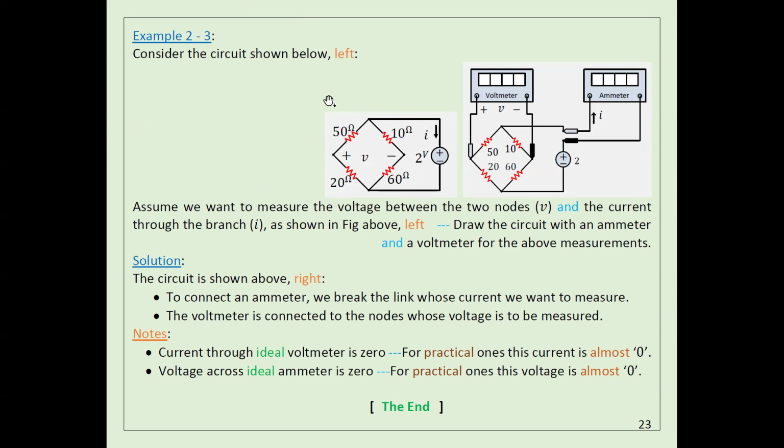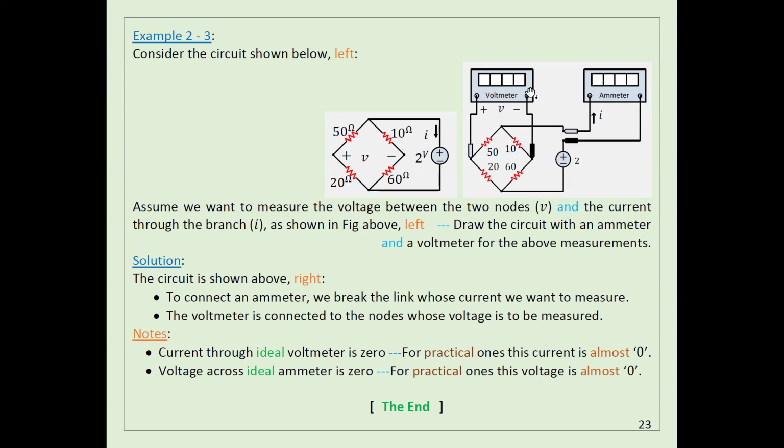For example, this is the circuit we have. If I want to measure this current, I need to open this circuit so that this current has to flow through the ammeter. And that's what I did here. Look, I have to open it this way, so that the current I want to measure has to flow through the ammeter this way.